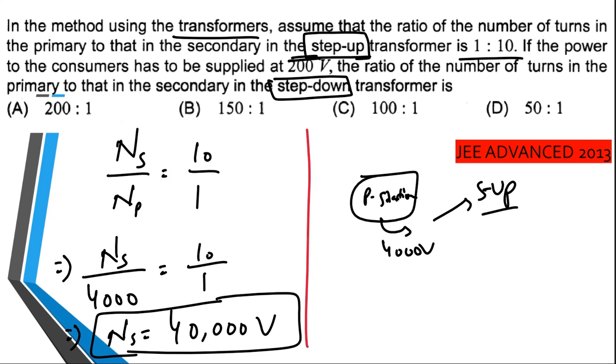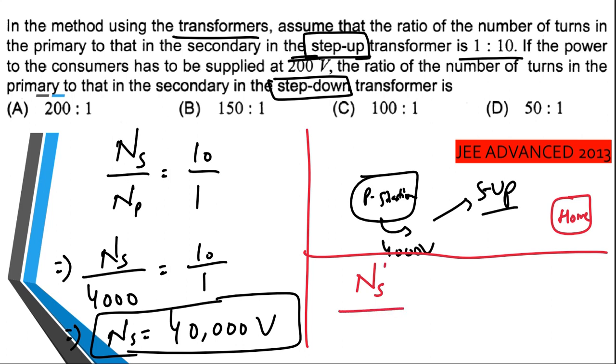Now see what happens near our home. Near our home we use the step down transformer, so definitely the secondary winding number should be less than the primary winding number. I am using Ns' and Np' for our home transformer, the step down transformer, which can be written as the secondary voltage upon the primary voltage. So what is the output voltage we are getting near our home?